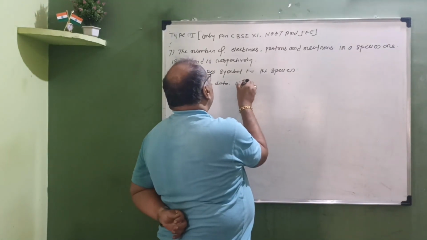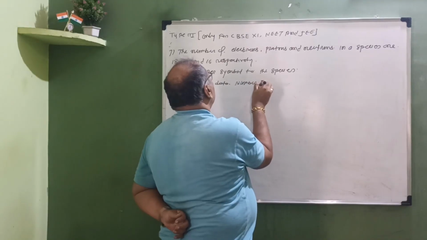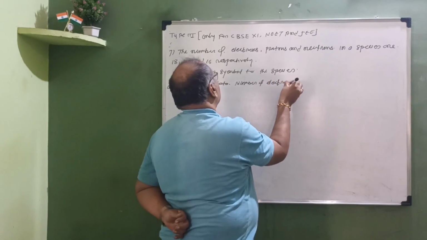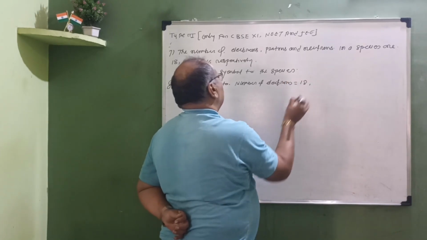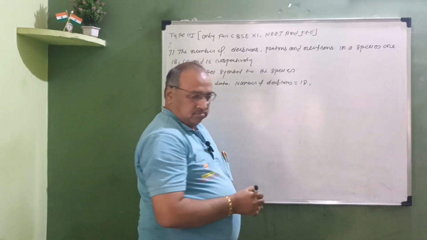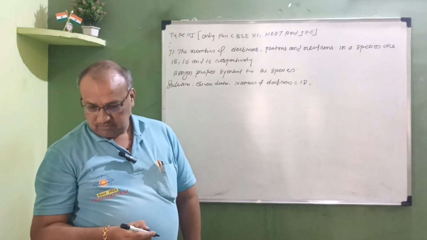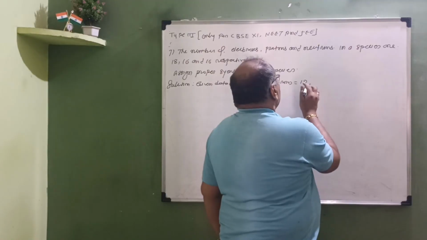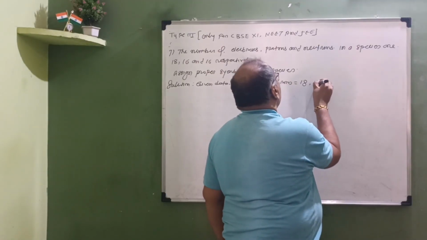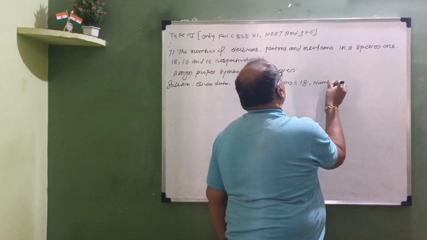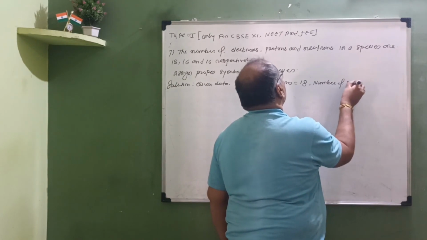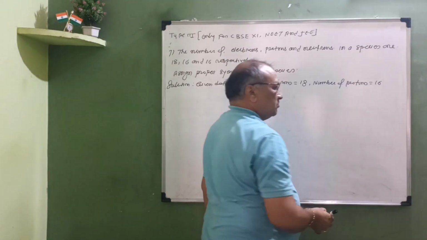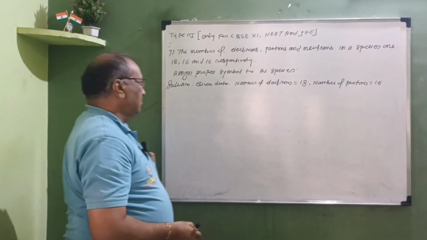Number of electrons is equal to 18. Number of protons is equal to 16.